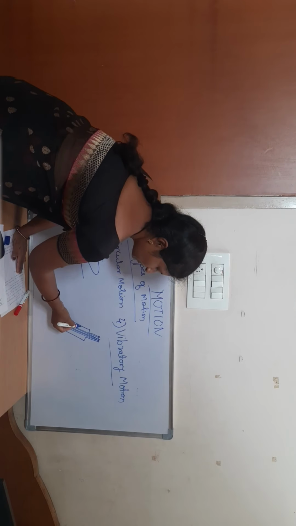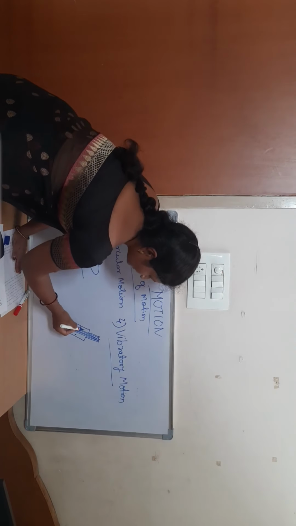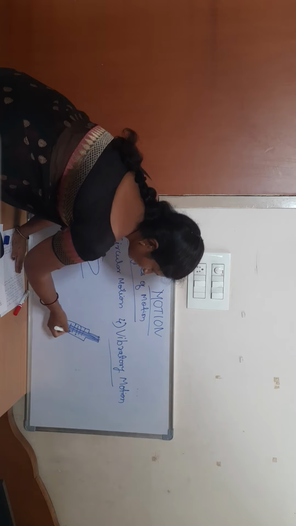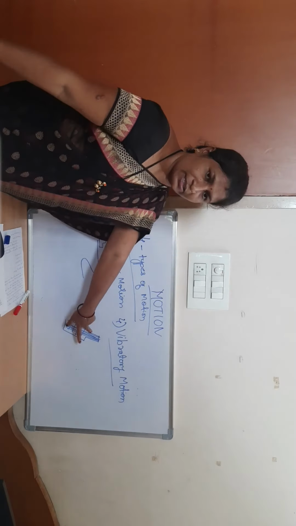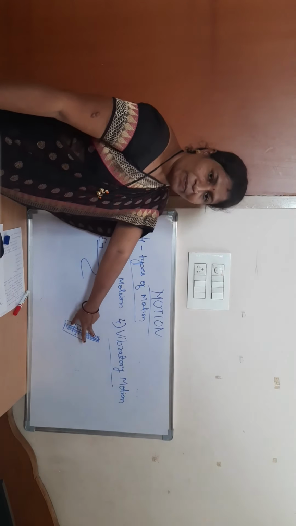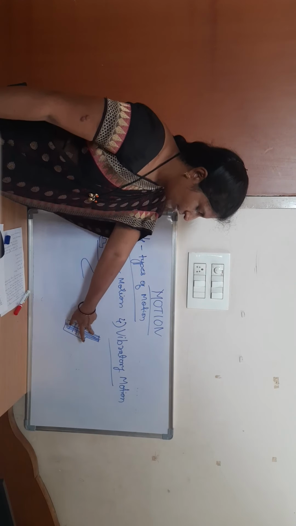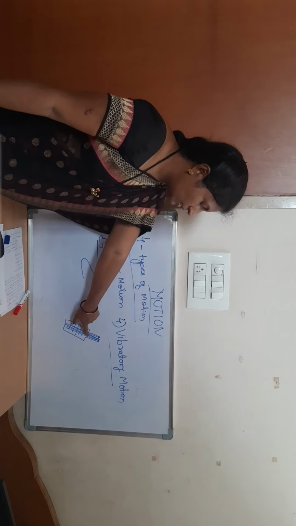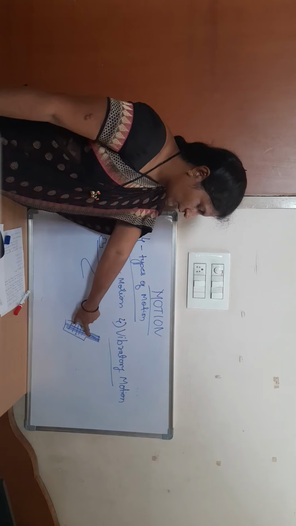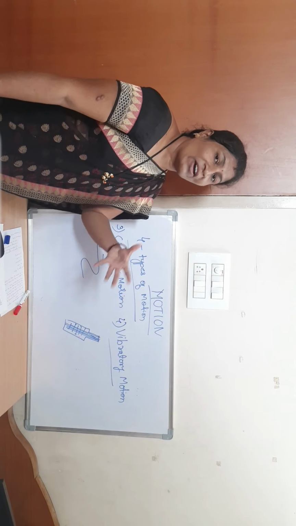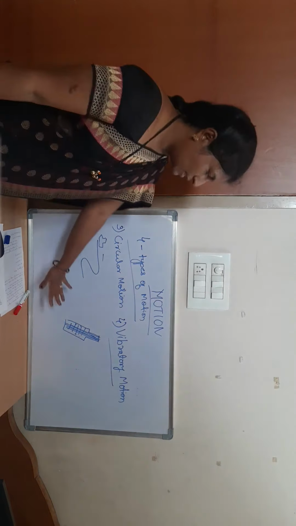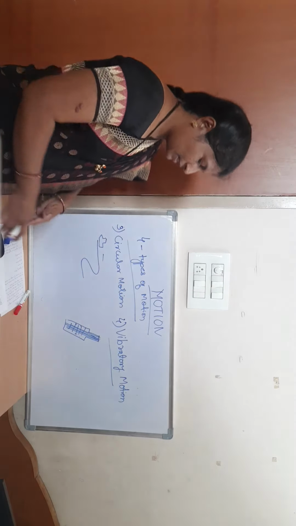The guitar is like this. There are strings in it. To play music on the guitar, you strike your finger on these strings. When you strike the strings, vibration occurs. This is vibratory motion.